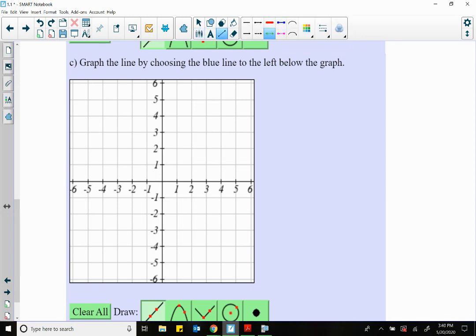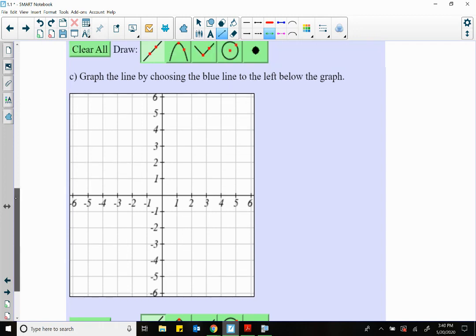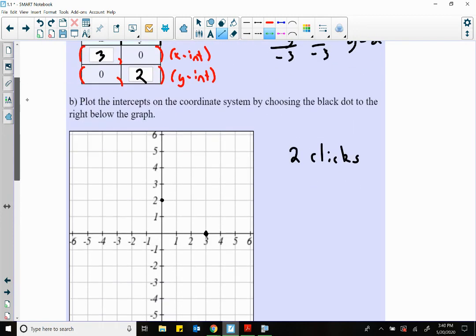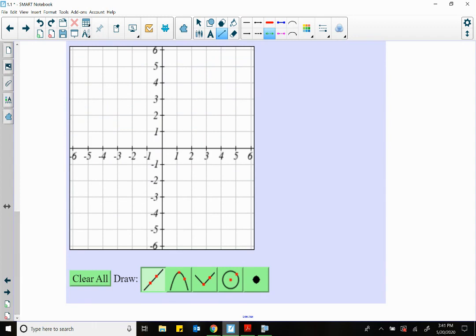So for instance, I can graph the x-intercept, which was 3, 0. So I've got a line tool that I graph to kind of demonstrate what's going on. So I got 3, 0 here. As soon as I move away from that, you see my line is following my cursor. As soon as I clicked on that intercept, the line starts to move away.